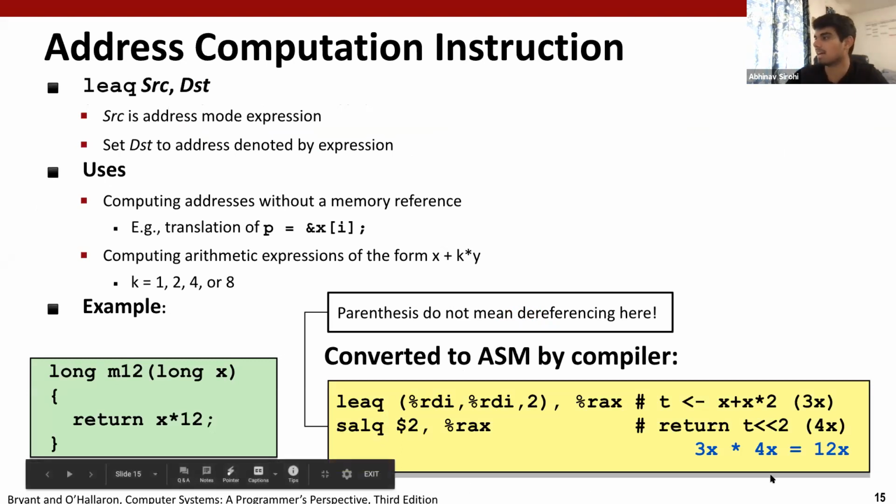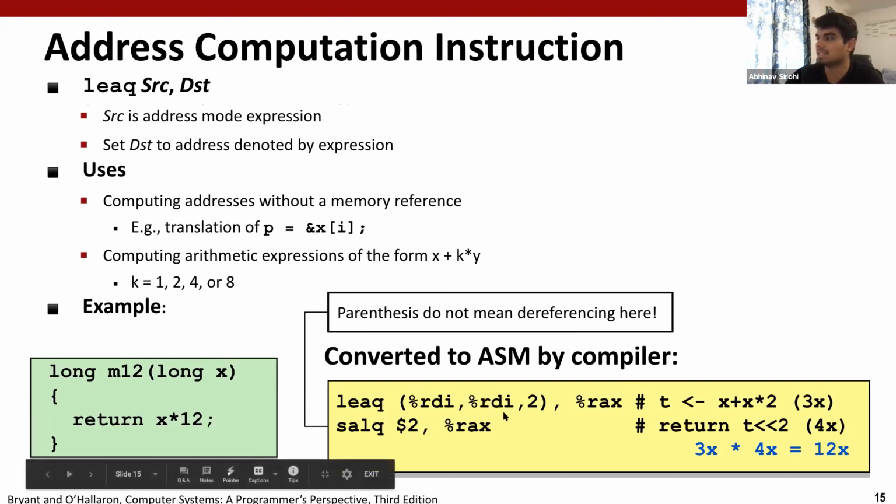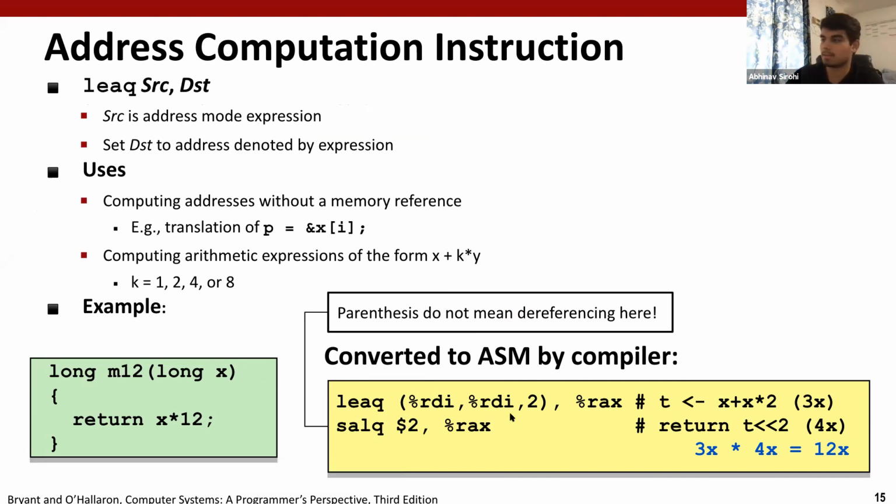This is just an example of how you could possibly do times 12. Doing it this way may be faster for the CPU to handle than just multiplying it by 11. So that might be a reason the compiler would generate it like this.